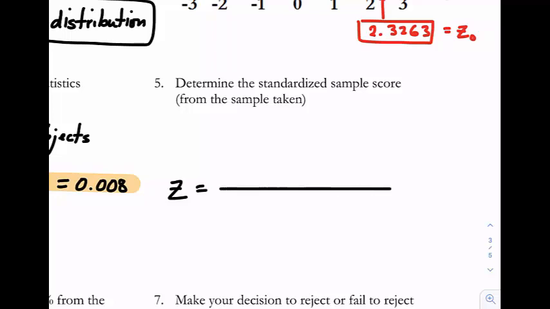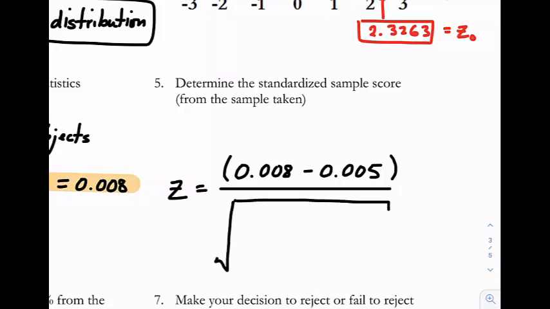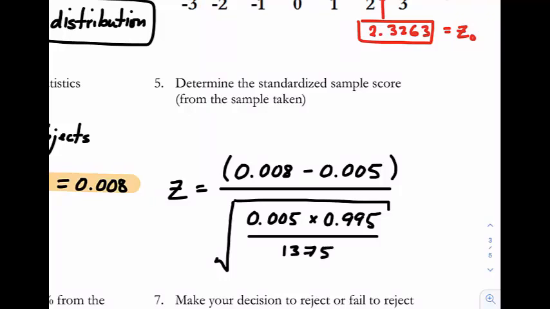So z is equal to 0.008 minus the claim, 0.005, divided by the square root of the claim, 0.005 in decimal form, times its complement, 0.995, divided by the 1375.